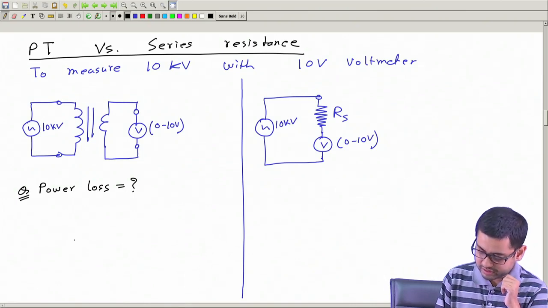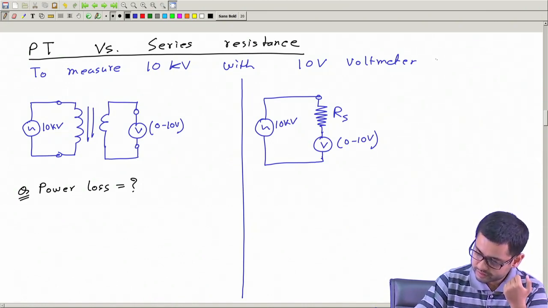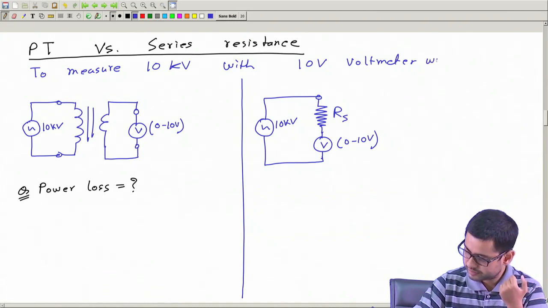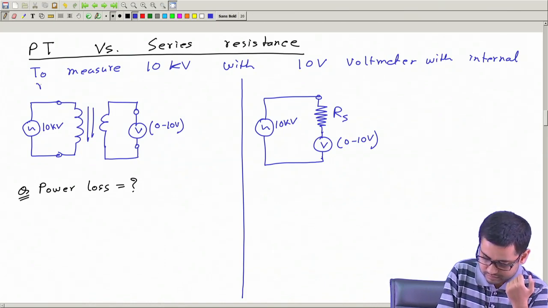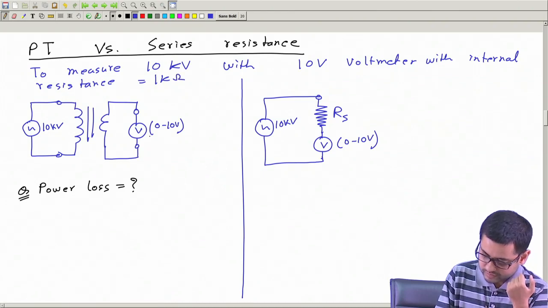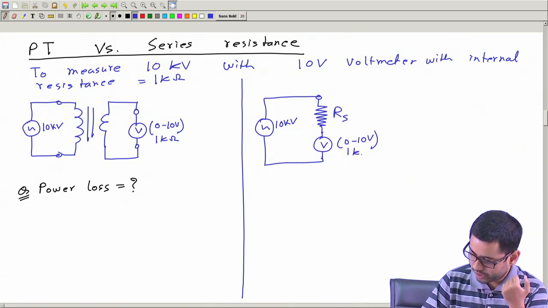okay. So, for this let us assume the internal impedance or resistance of this voltmeter is let us take it to be 1 kilo ohm. Okay. So, this has a resistance of 1 kilo ohm.